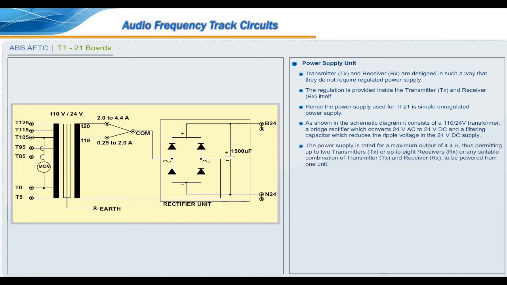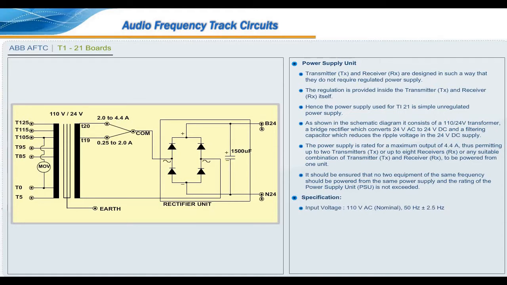The power supply is rated for a maximum output of 4.4 ampere, thus permitting up to 2 transmitters TX or up to 8 receivers RX, or any suitable combination of transmitter TX and receiver RX, to be powered from one unit. It should be ensured that no two equipment of the same frequency are powered from the same power supply, and the rating of the power supply unit PSU is not exceeded.